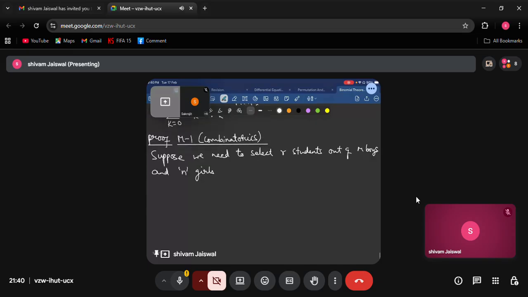So what is the number of ways to select r students out of m boys and n girls? In how many ways can you select? m plus n Cr.